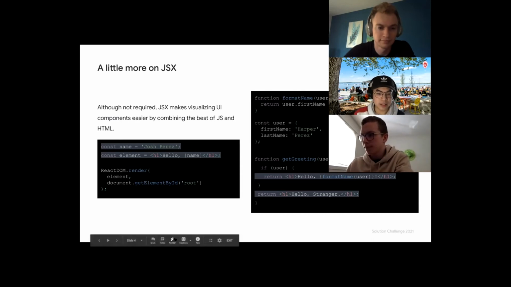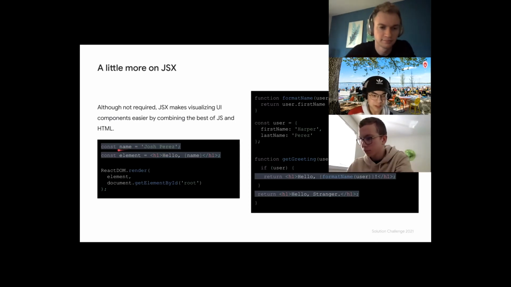So the first example here is basically we have a constant name with the name, and then a React element, which are basically objects in other languages. In Java it's equivalent to an object in Java or C++. However, it's immutable, so you can't really change it after it's created.